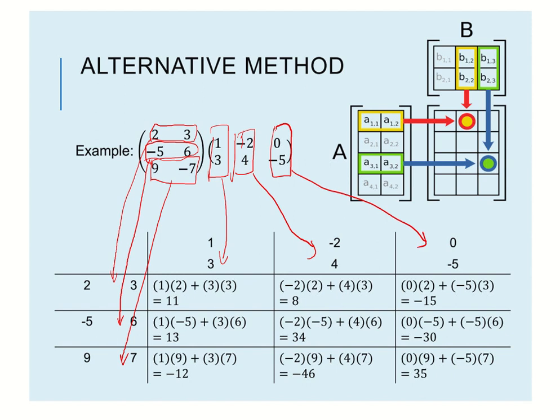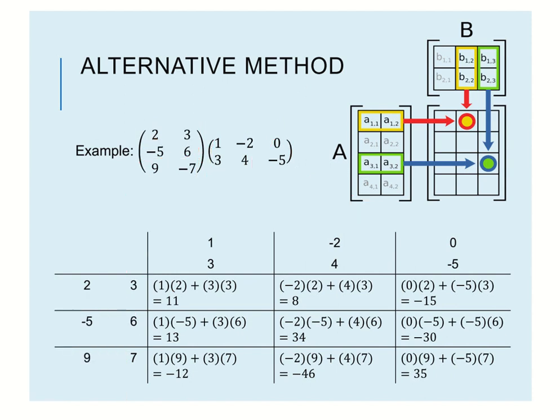So when we perform the multiplication, this is what we do. We take 2 times 1, 3 times 3, and we sum, so we get 11. After that, take the 2 multiply -2, and 3 multiply 4, and sum it.